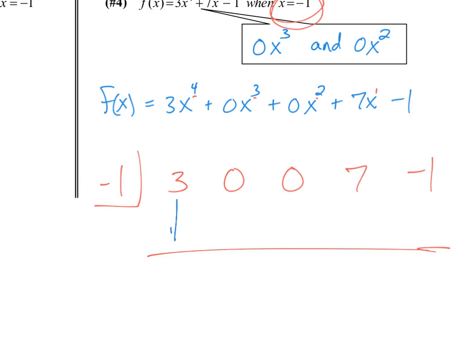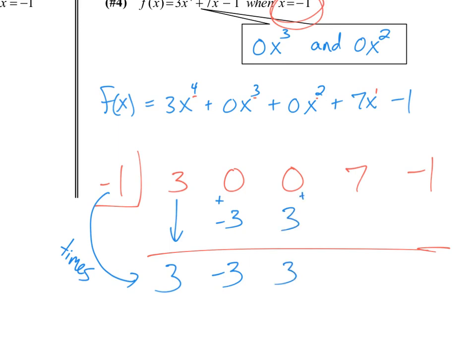Bring down the 3. And remember, everything is being multiplied by -1. So -1 times 3 is -3. Then we add, and now we have -3 on the bottom. -1 times -3 is +3, and we add, and we get 3. -1 times 3 is -3.